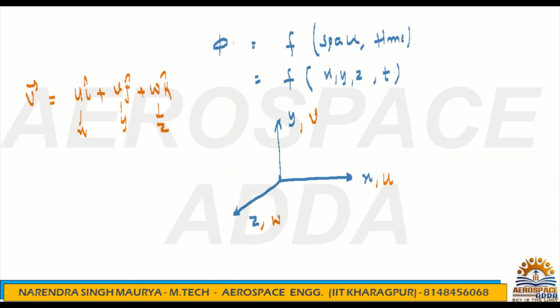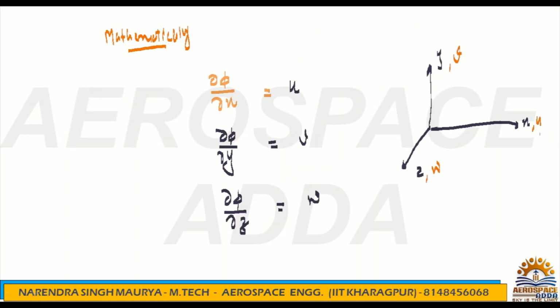X, y, z is nothing but the Cartesian coordinate. So whatever formula you have got here is for the Cartesian coordinate.